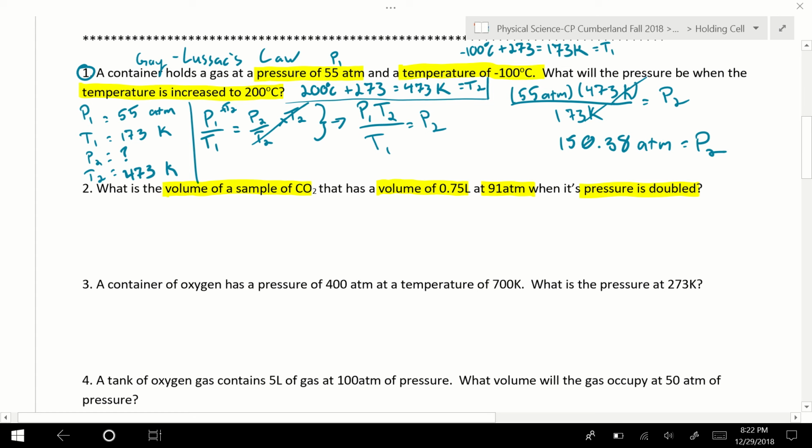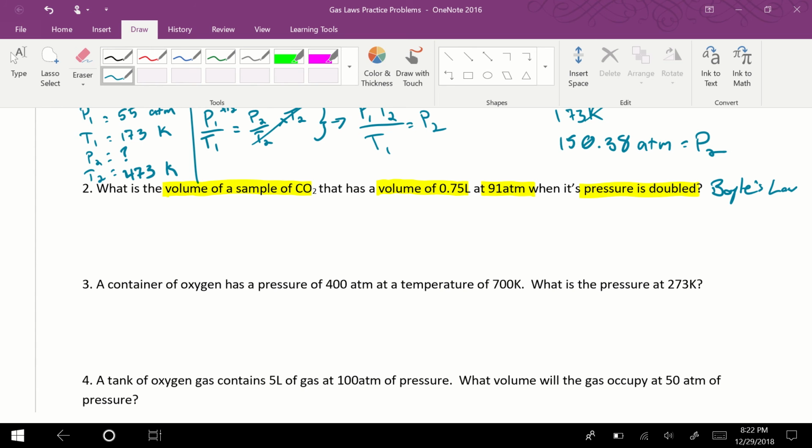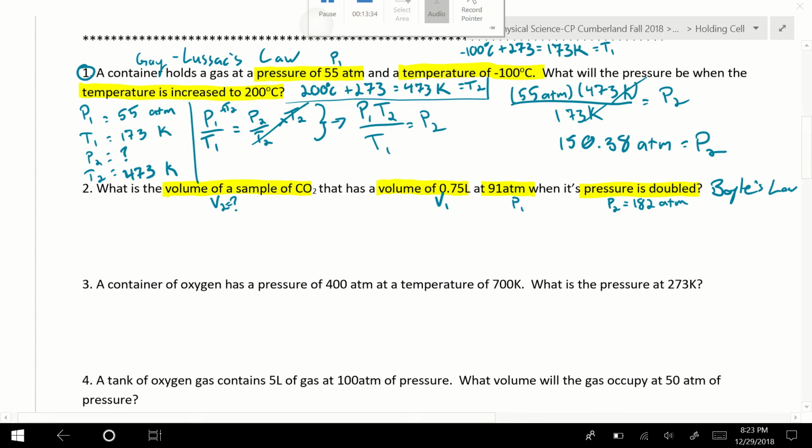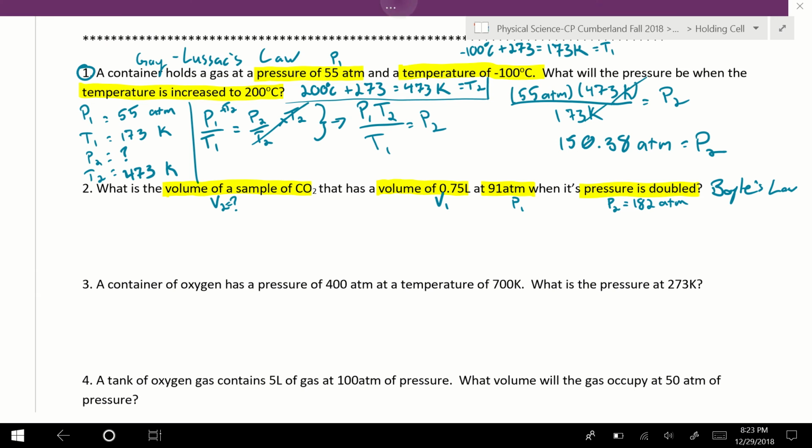So I'm finding volume and pressure. Volume and pressure is going to be Boyle's law, which is P1 times V1 equals P2 times V2. So I just figured out what each of my variables is going to be.